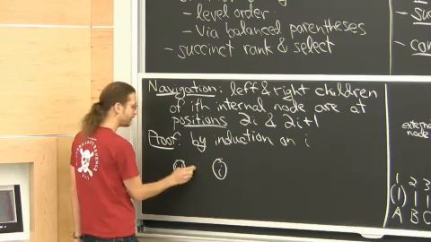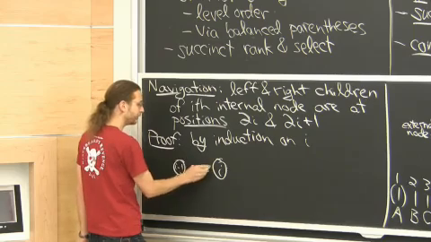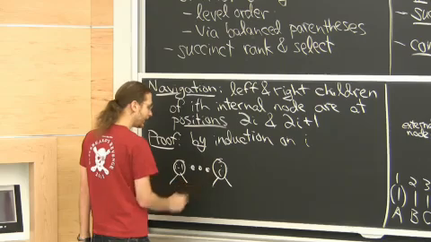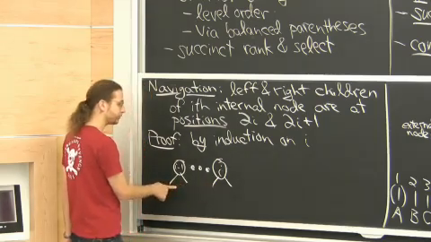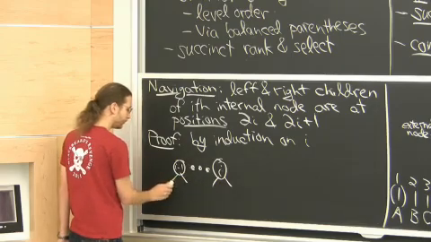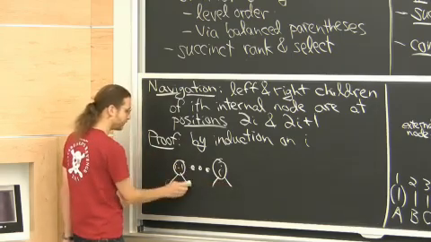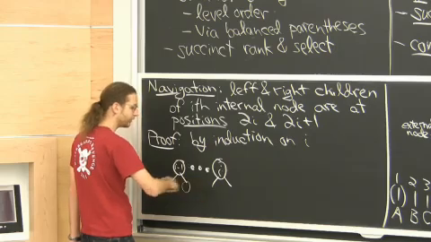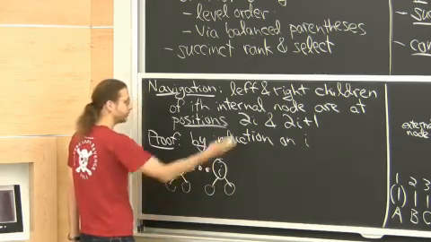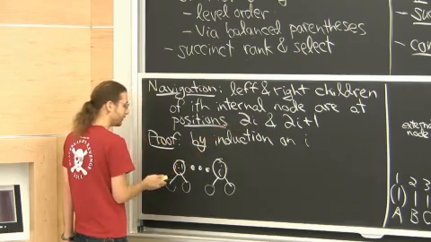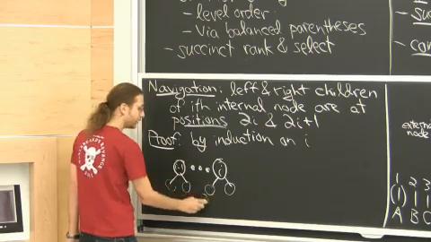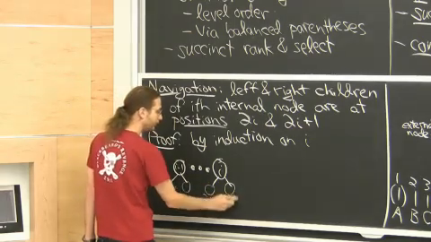So anything in between here is an external node. So they have no children, which means if you look at the children of i, they're going to appear right after the children of i minus 1 because we're level order. So we have these 2 guys. The next nodes at this level are going to be these 2 guys. So this one appeared at 2i minus 2 and 2i minus 1. This one will appear at 2i and 2i plus 1.